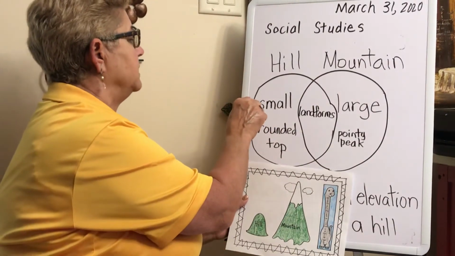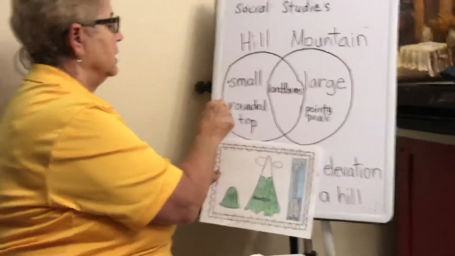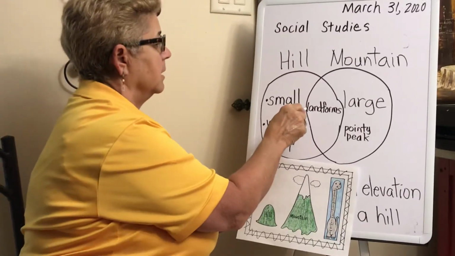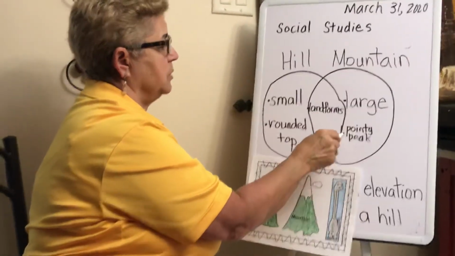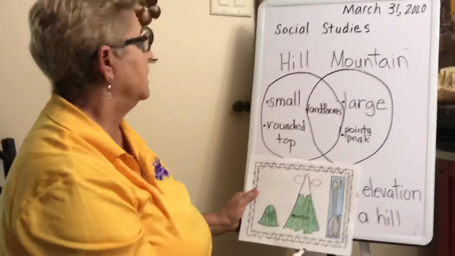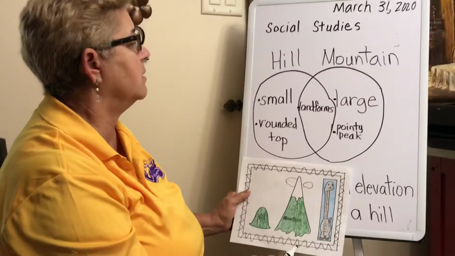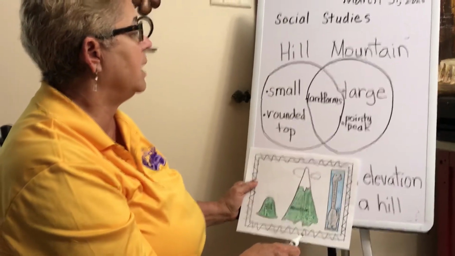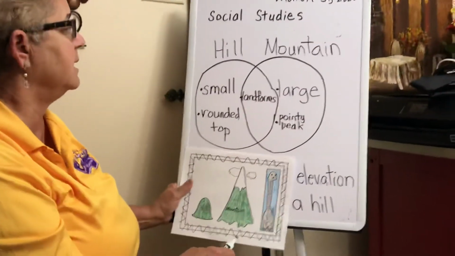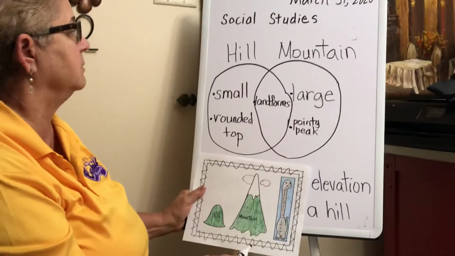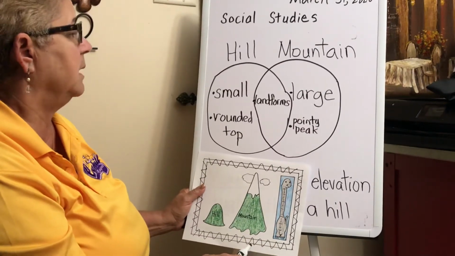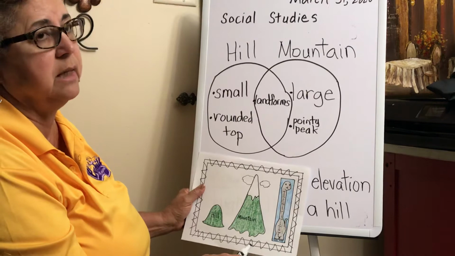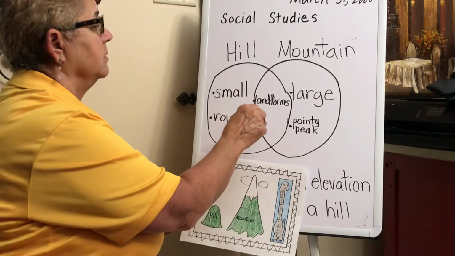Let's put some bullets here so we can see that these two words go together. And the mountain is large and it has a pointy peak, but they both are landforms. So let's think about something that they both are. They're landforms and they both are made of soil.